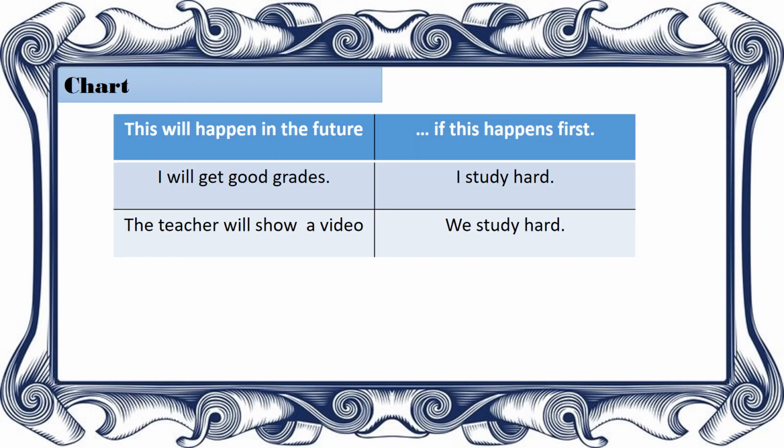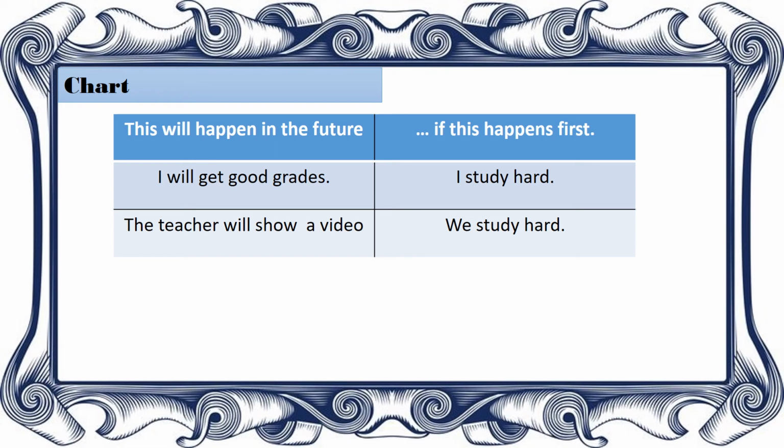Okay. So we have here a few more examples. The first column is what will happen in the future. Meaning to say these are the results, since they will still happen in the future. And then the second column is if this happens today. Since it happens in the present, that will be your condition.